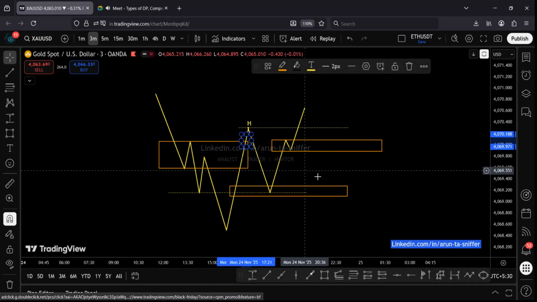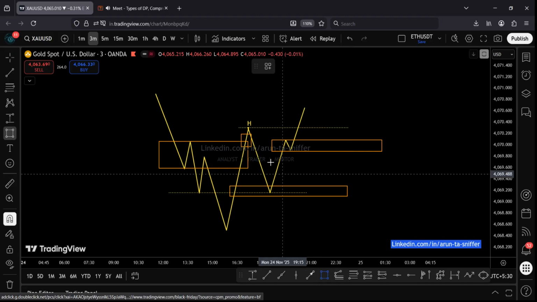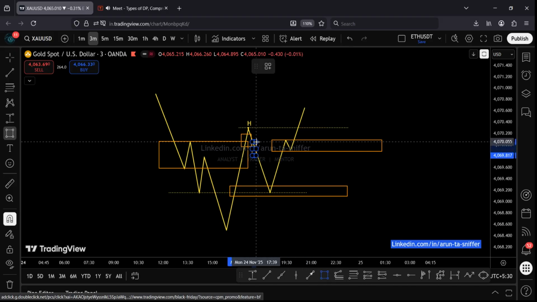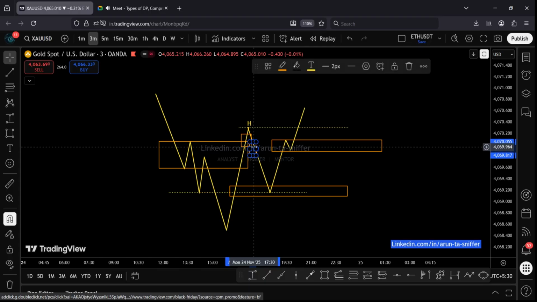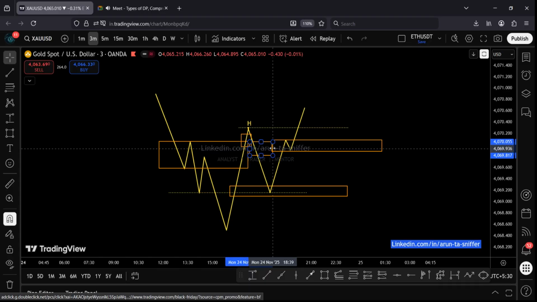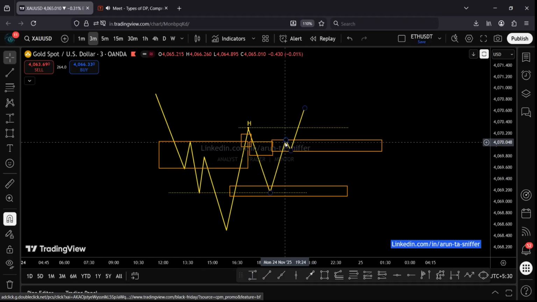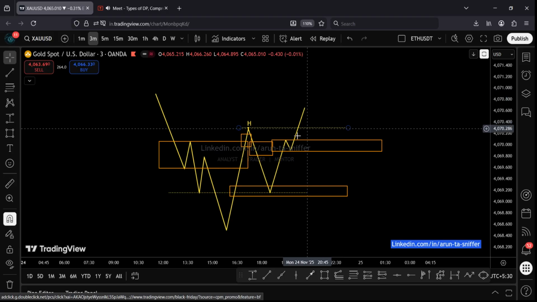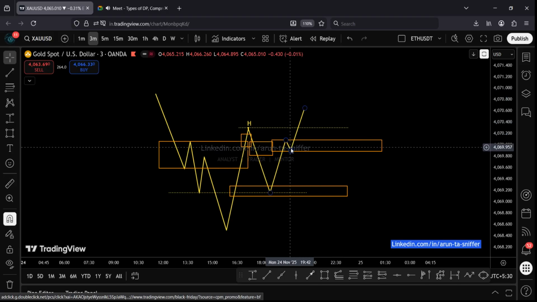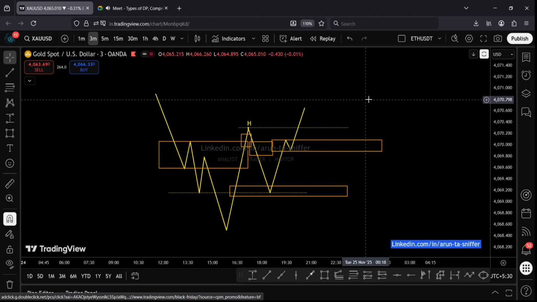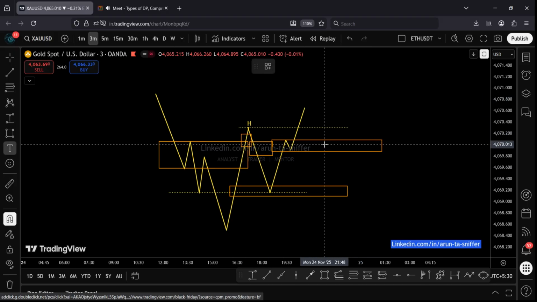Then we will have another swap here like this, okay. And when price goes up, this engulfs this zone, goes back, goes up. So this is where the decision was made to finally break this, okay. So this will work as our DP. This is also DP.